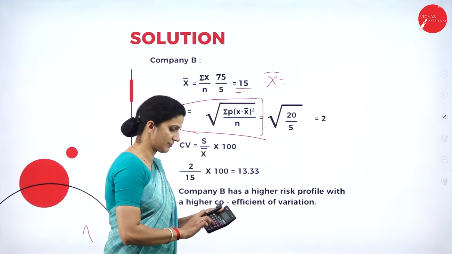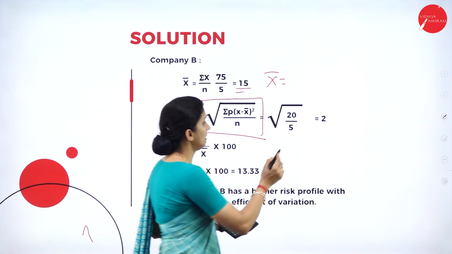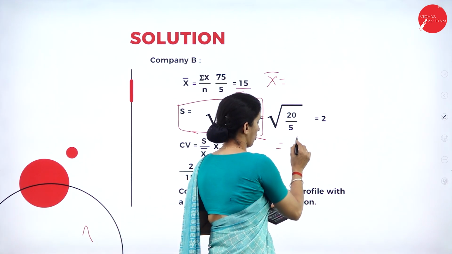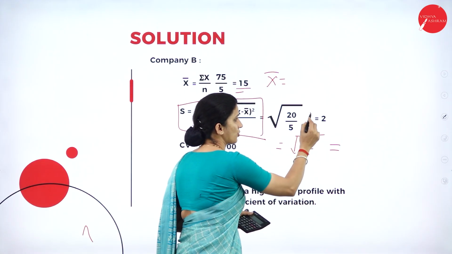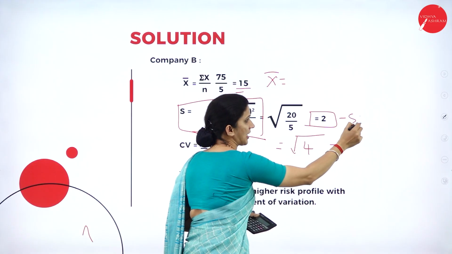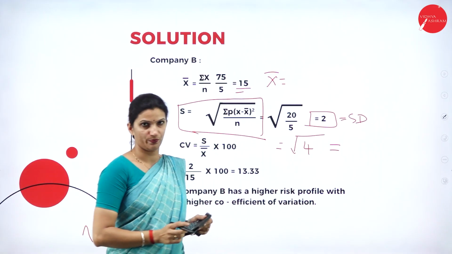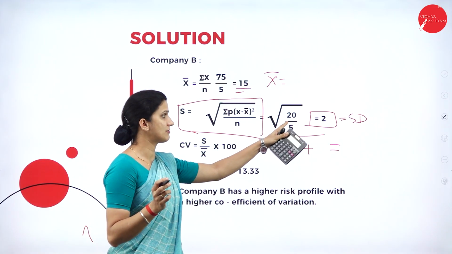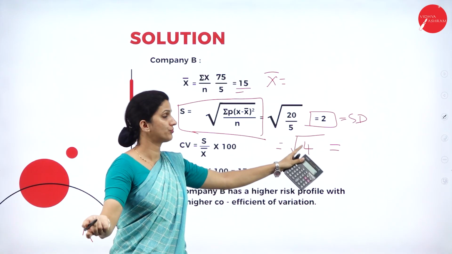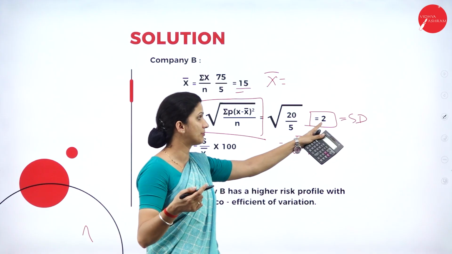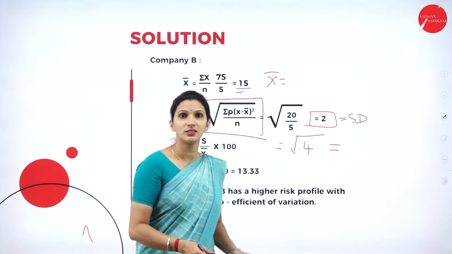So 20 divided by 5 is root of 4. If you take the root of 4, your standard deviation is 2.